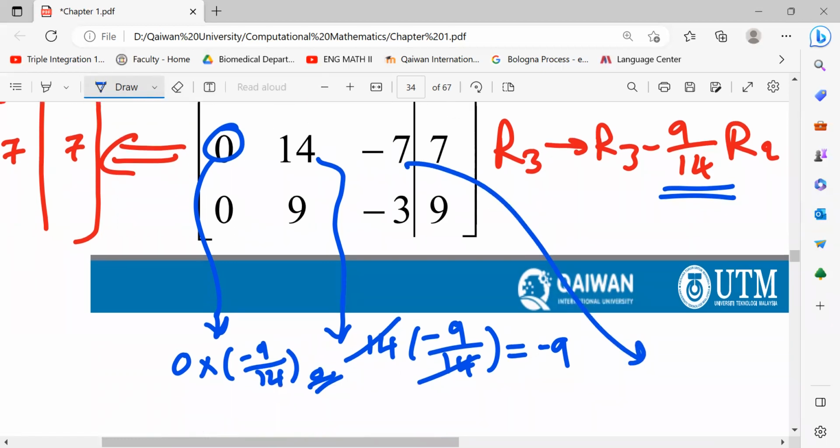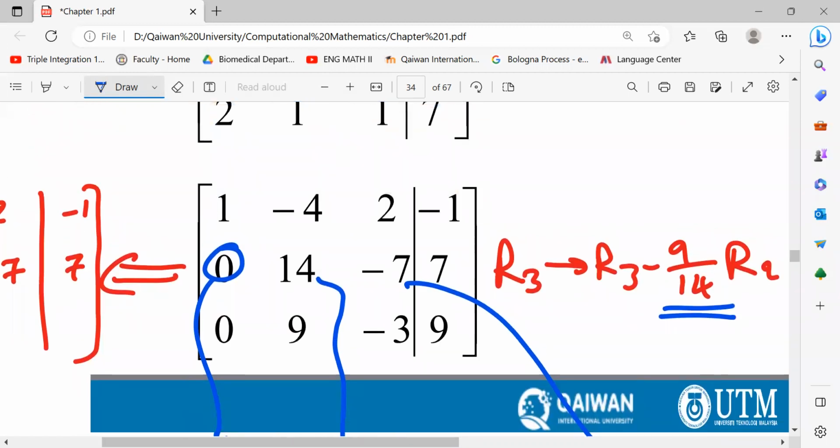Then for negative 7, multiplied by minus 9/14, these will cancel out, we get 9/2. Minus times minus is plus. So this one is 9/2, and the last entry is minus 9/2. And this is minus 9, and this is 0.